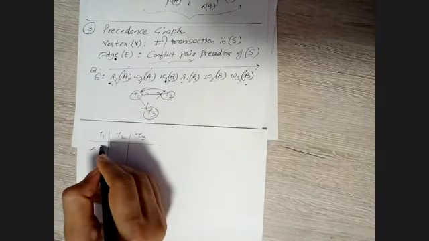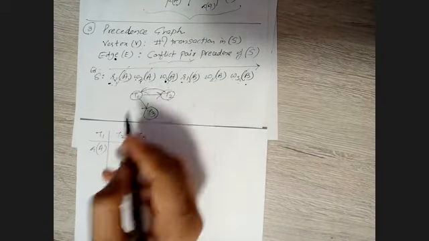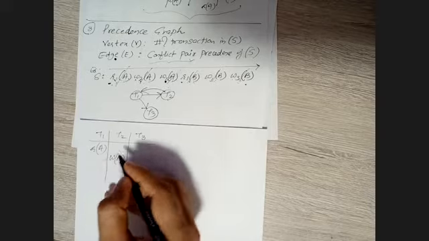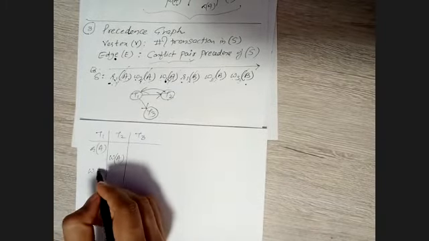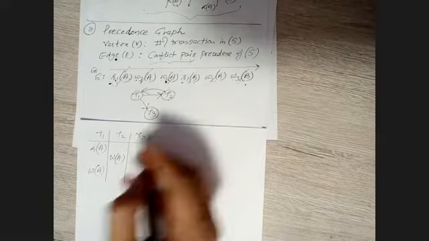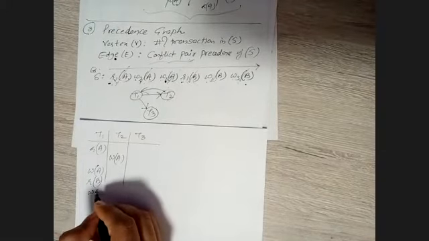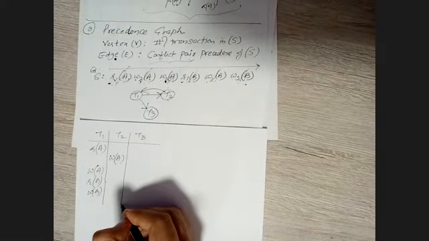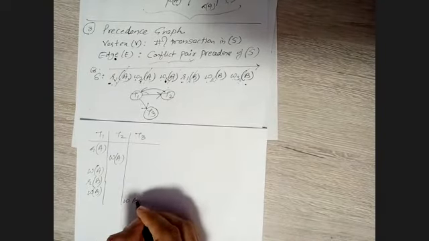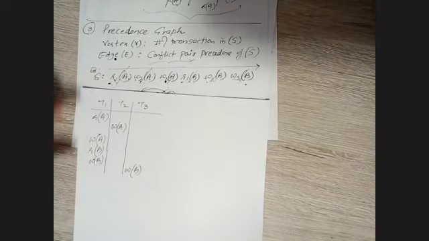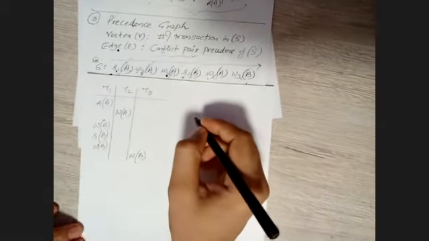R1A, that is RA, W2A, W1A, R1B, W1B, W3B. This way, this is what we have written. So that's it. Now make the precedence graph.